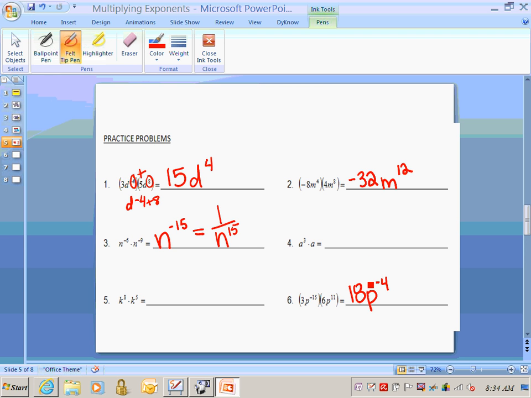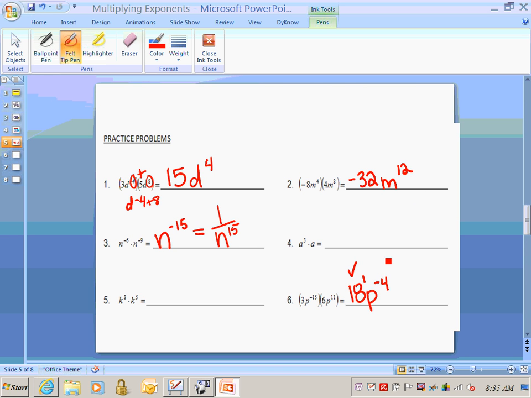All right, what was the exponent on 18? 1. So does the 18 stay or go? Stay. It's fine. Does the p stay or go? No. What's the exponent's sign? Negative. It has to go. If the exponent's negative, it cannot stay.